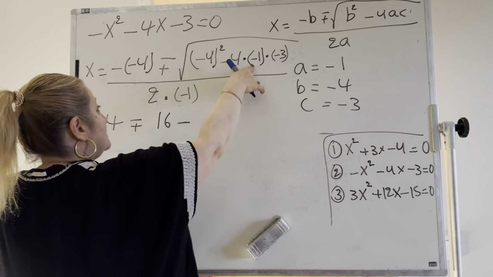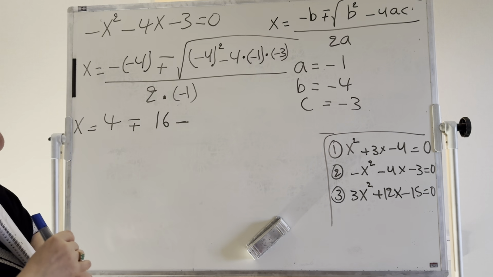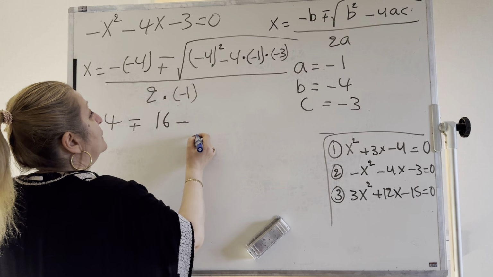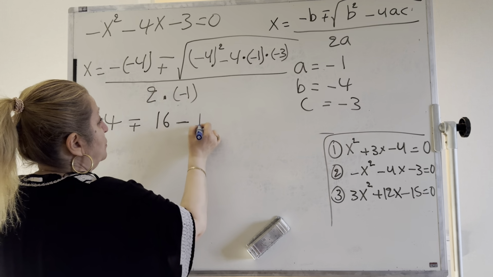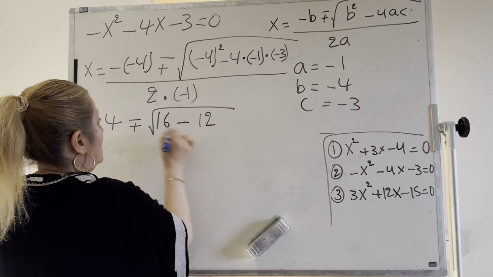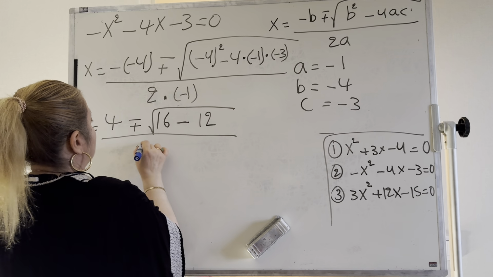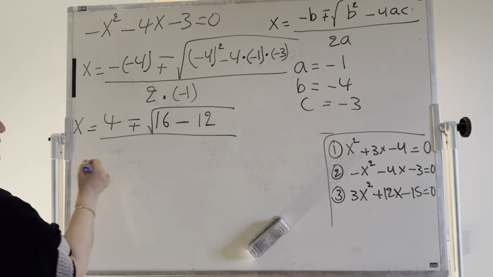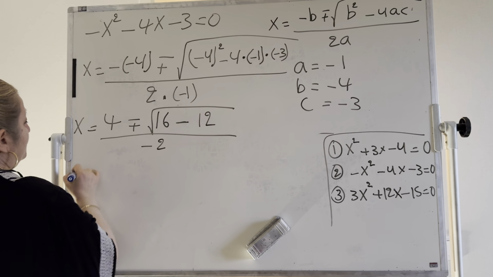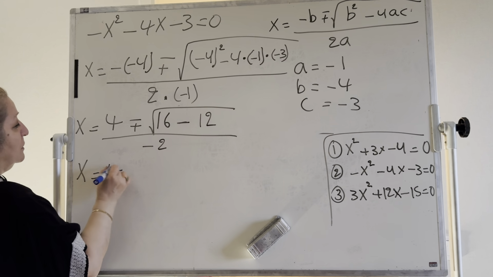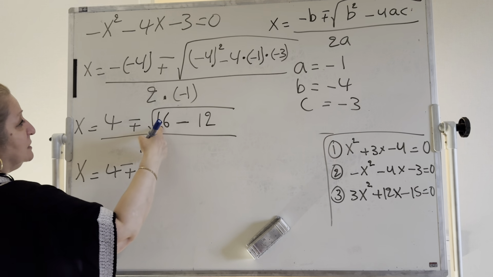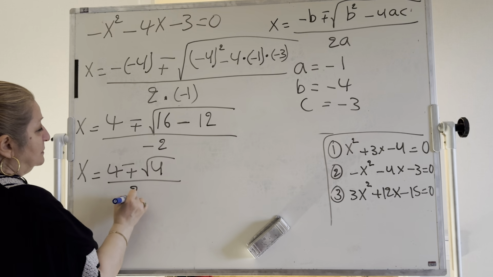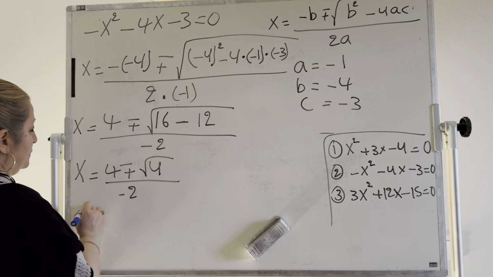Minus 3 times minus 1 is plus 3, times 4 equals 12. And all this under the root, divided by 2 times minus 1 equals minus 2. x equals 4 plus or minus the square root of 16 minus 12, which equals 4, divided by minus 2.